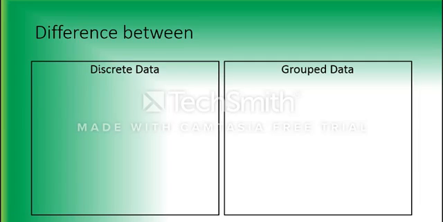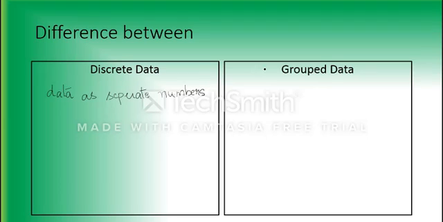Talking about discrete data, most of the data that you have dealt with till now has been discrete data. Discrete data is basically data which consists of separate numbers. So if the data is given to us as separate numbers, then it is called discrete data.